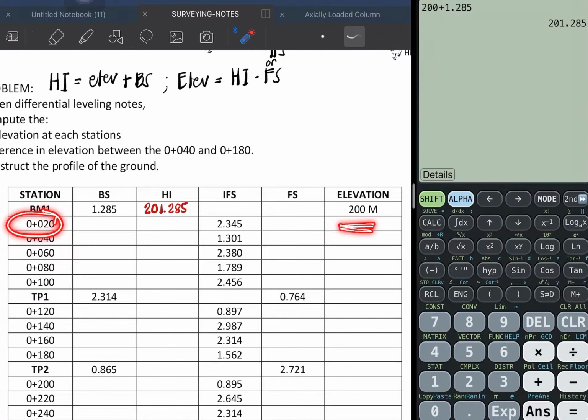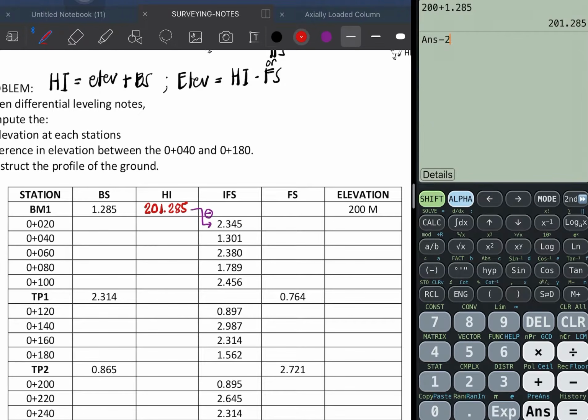Next you have the elevation of station 20. To solve for the elevation, that is height of instrument minus the foresight, so minus 2.354.